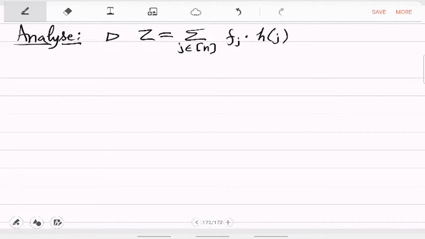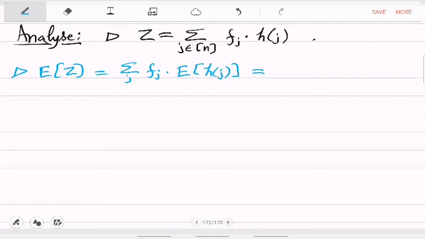That is by definition what the algorithm is doing. And so what is the expectation of this? By linearity of expectation, the frequency is fixed, that is not a random variable. But since h is randomly picked, Hj is either 1 or -1 with equal probability. So this is 0. So the expectation of Z is 0.